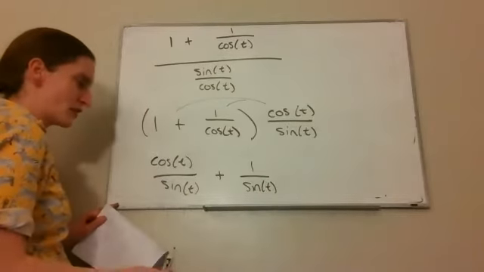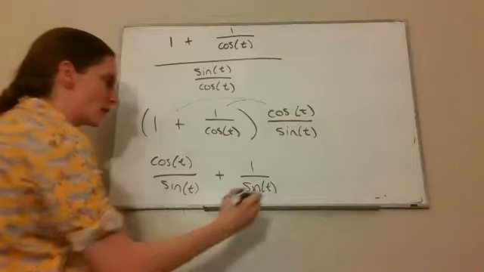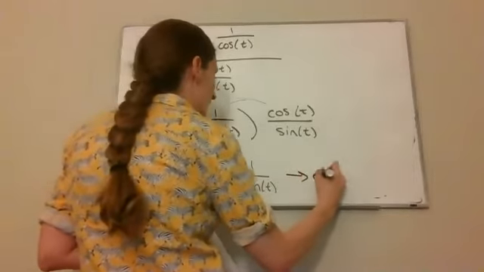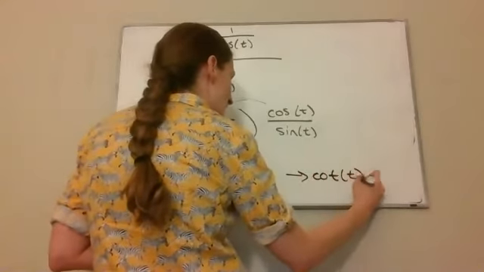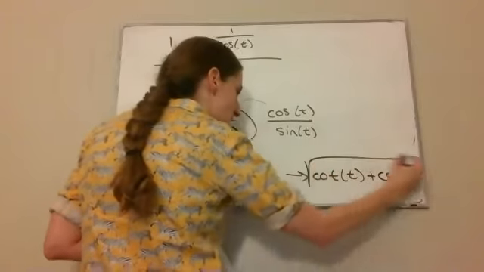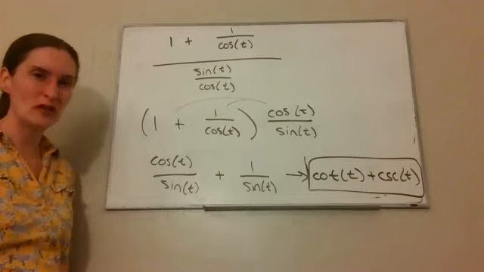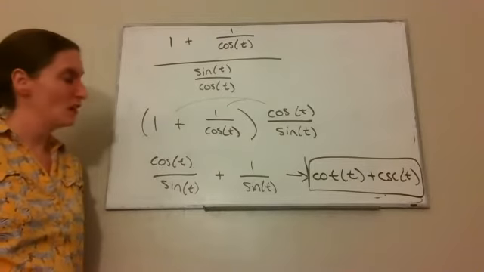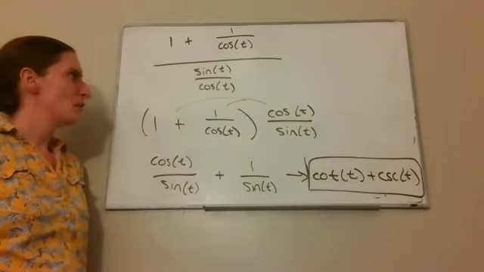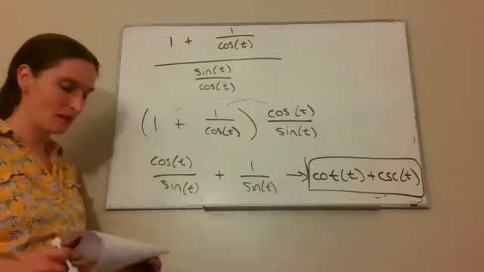And we still have fractions, but now I can just use my quotient identities and reciprocal identities to recognize that this is cotangent of t plus cosecant of t. And now it's written as simply as possible. I don't have a crazy fraction anymore. There's no powers of our trig functions, nothing that can be factored. It's about as simple as it can get.